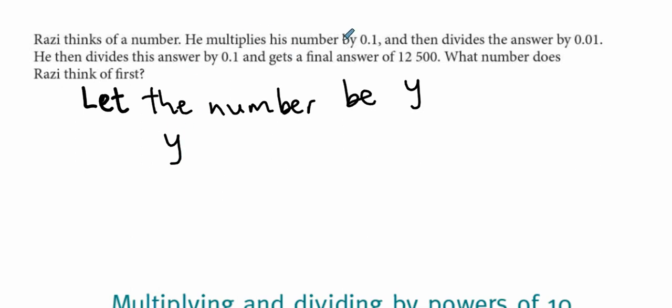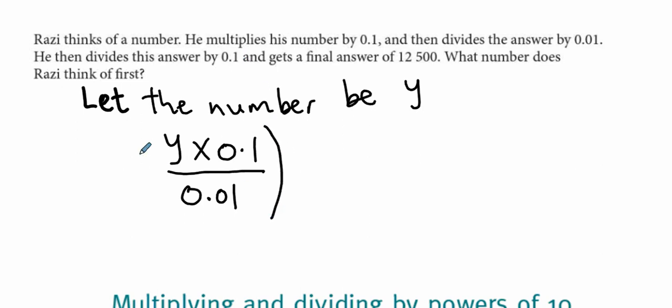He multiplies his number by 0.1, and then divides the answer by 0.01. Okay, he then divides this answer by 0.1. Again divide this answer by 0.1.